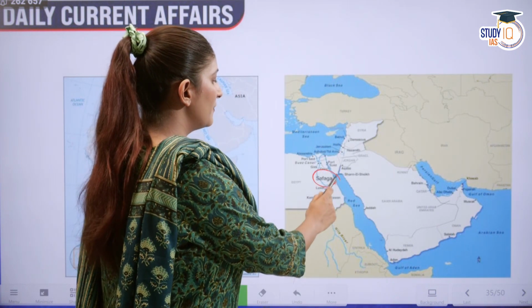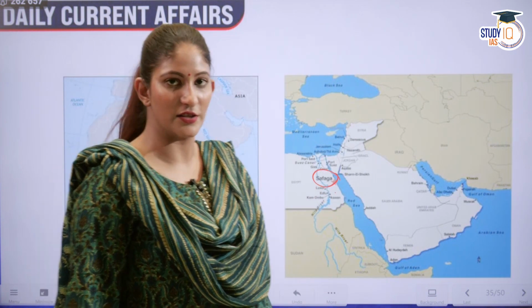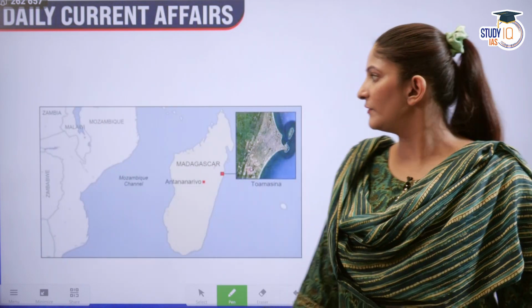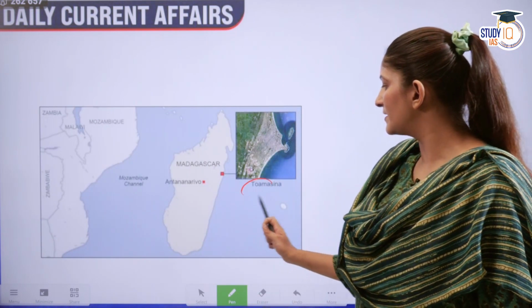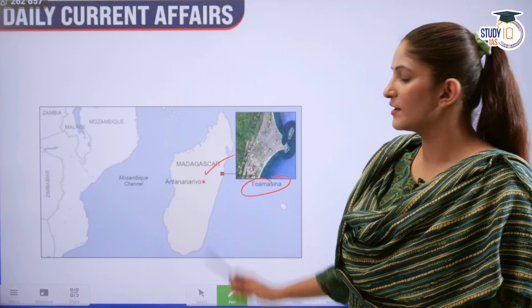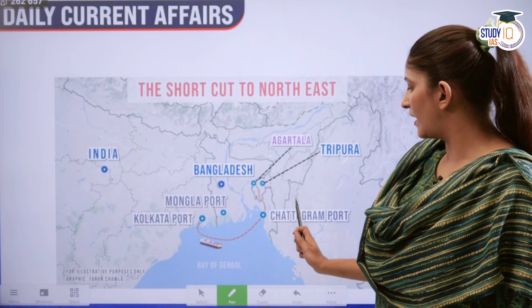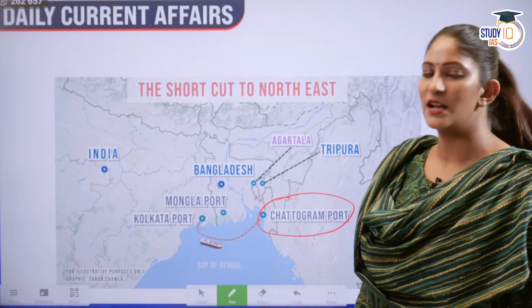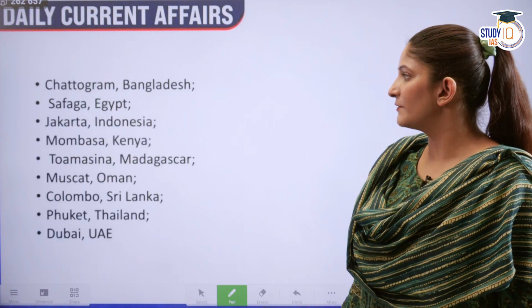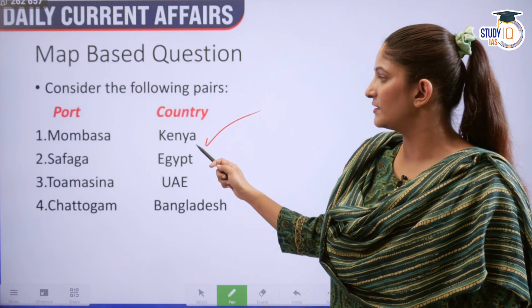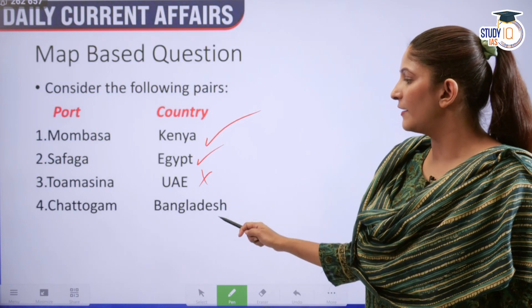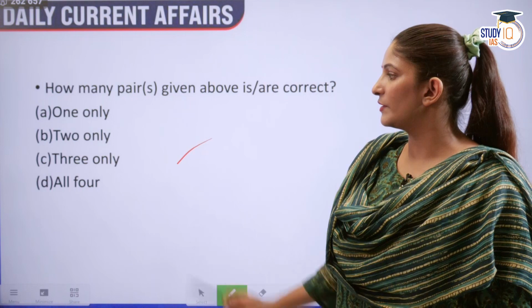The second is also correct. Then we have Toamasina. Toamasina is Madagascar's port and not UAE's port. And then we have Chattogram port, which is in Bangladesh. So the first is correct, the second is correct, not the third, and the fourth is correct. So 3 only will be the correct answer.